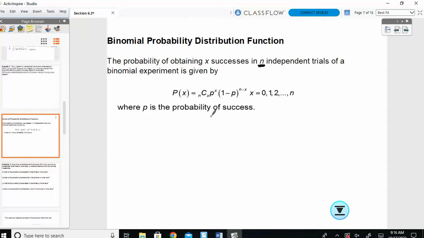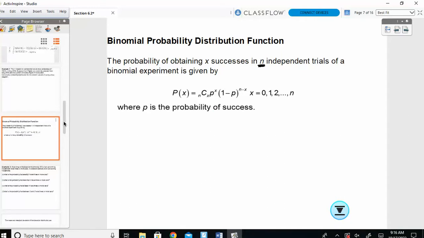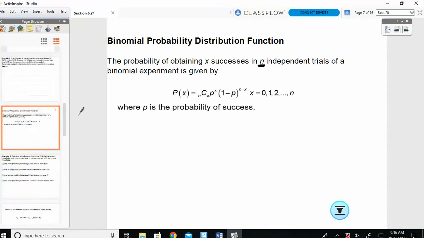So in this, N is the number of trials, P is the probability of success, and Q is the probability of failure, or you might see it as 1 minus P. In this formula, the NCX is actually a probability calculation.